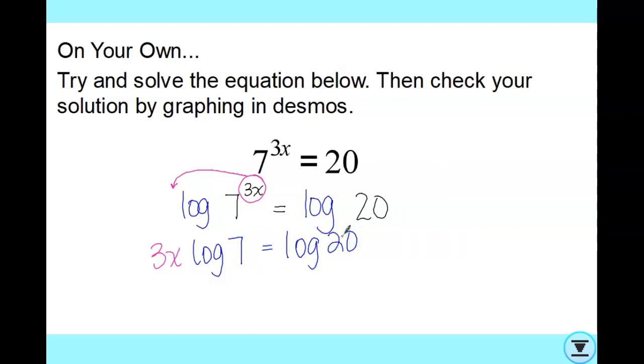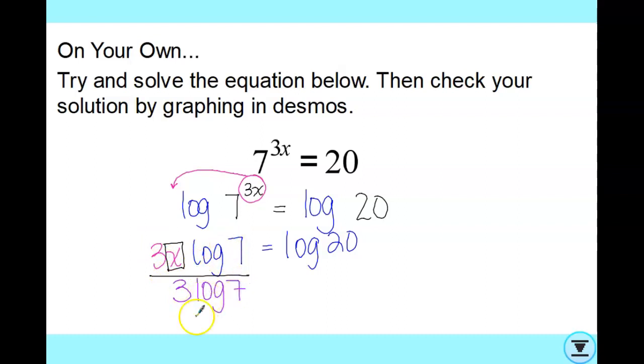Now, think about what we're trying to do. When we are solving an equation, the whole goal is to get x by itself, right? So the way to get x by itself is to undo whatever is happening between the 3 and the x and the log of 7. So all we're going to do is divide by 3, because that's going to cancel these two out, and we're going to divide by log 7.